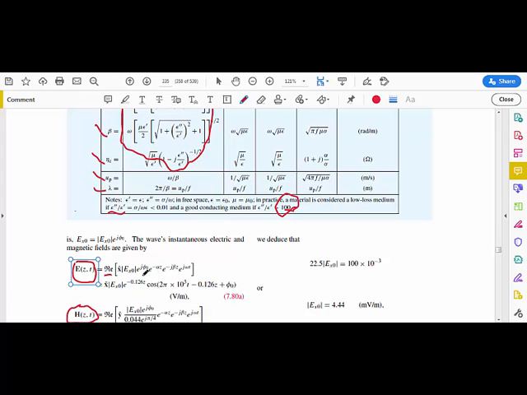Also, we need to multiply by exponential j phi naught, the initial phase, because we don't have any information about the initial phase of this expression, so we need to find it.